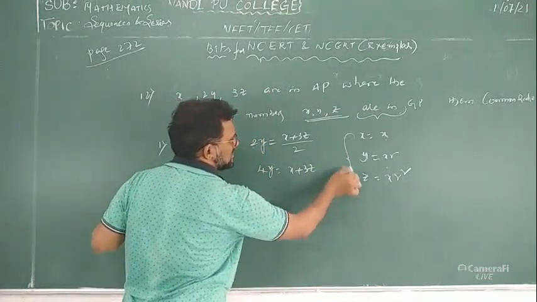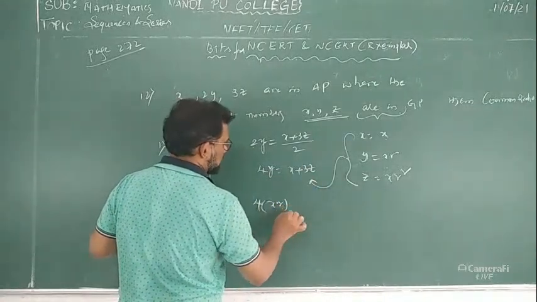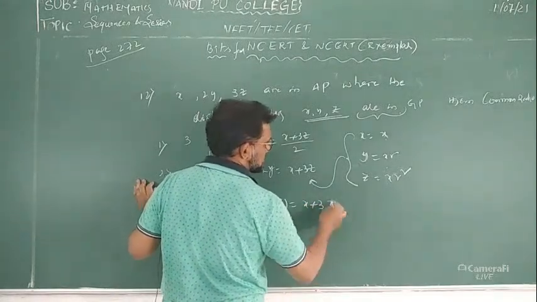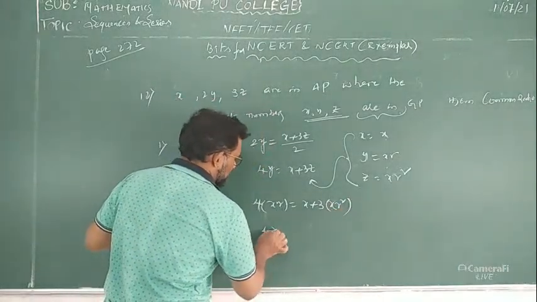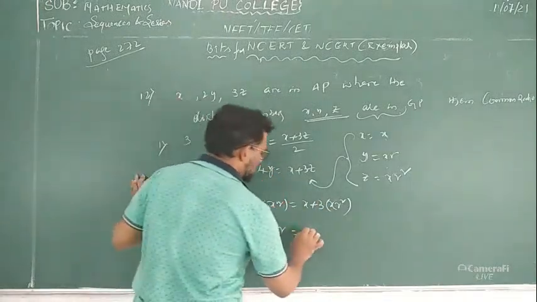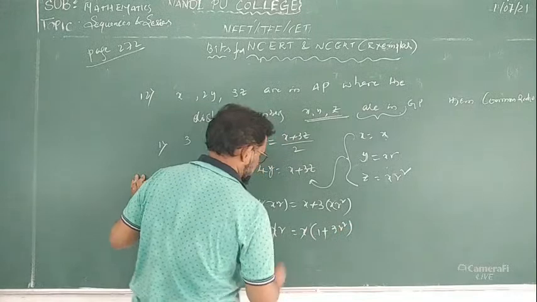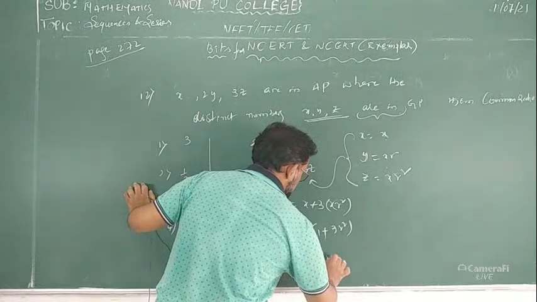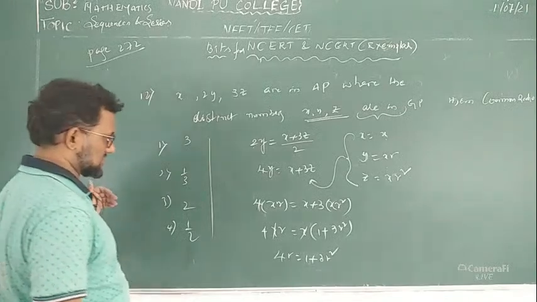So, all these 3 things you substitute here: 4y is equal to x plus 3z, that is 4xr is equal to x plus 3xr square. Now, here x if you take common, 1 plus 3r square, therefore 4r is equal to 1 plus 3r square. So, we go with the options.